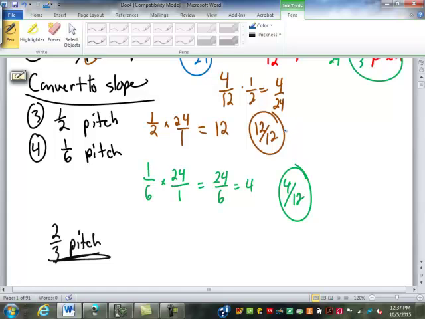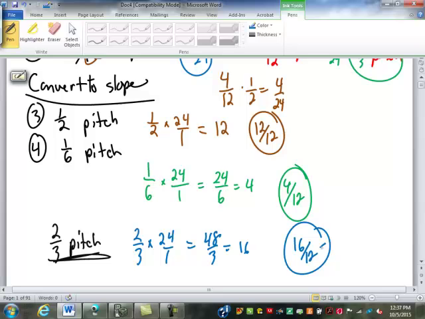What's that? 2/3 pitch, standard pitch. Our pitch is always height over span. So 2/3 times 24 is going to be 48 over 3, which is 16. So that's a 16/12 slope.